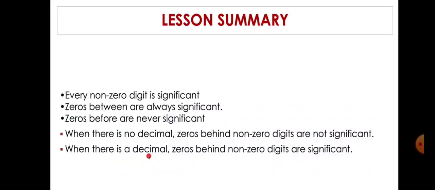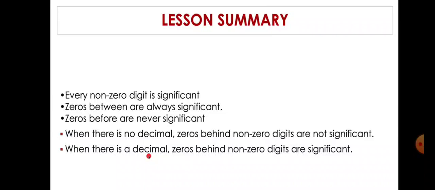At last we come to the summary of these rules of significant figures. The first rule is every non-zero digit is significant, that is, digits 1 to 9 are significant. Number 2 is that 0s between two non-zero digits are always significant. For example, 909 has 3 significant digits.